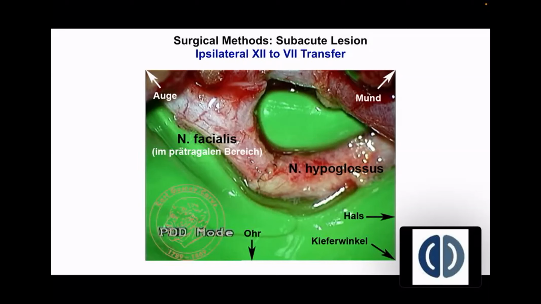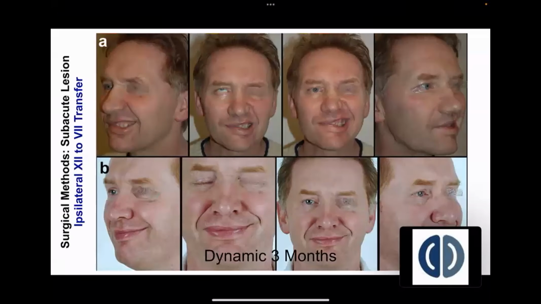So in this case, we use the entire facial nerve, not only, for example, as Susan McKinnon suggests, the use of just the lower quadrant of the face to be reinnervated with this kind of method.